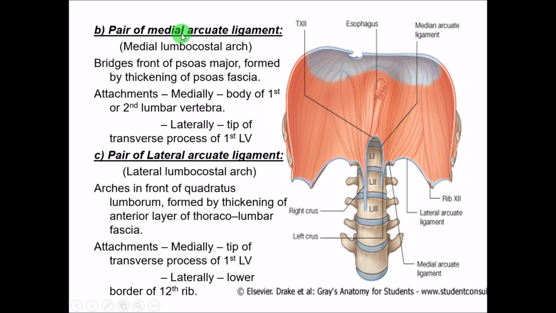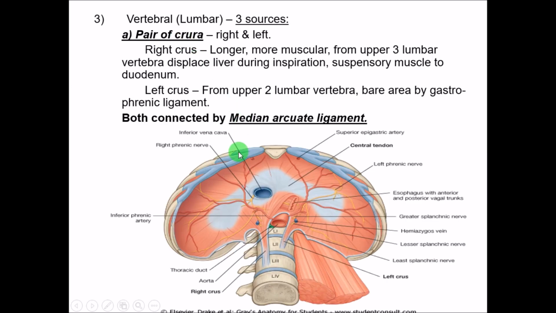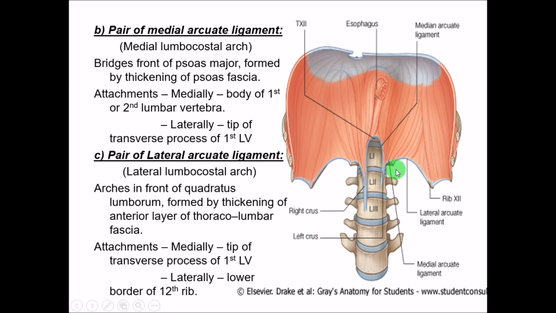You should know the difference: median means at the center, medial means beside the center. So this is the medial arcuate ligament beside, and this is the median arcuate ligament in between the right and left crus. This is the median, and beside the median is the medial.